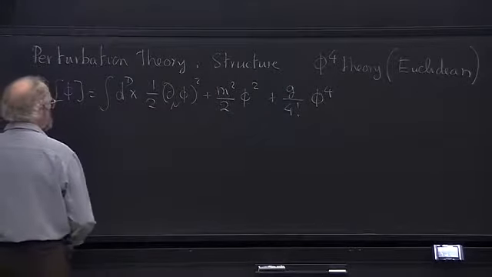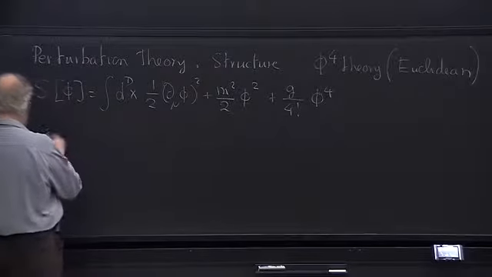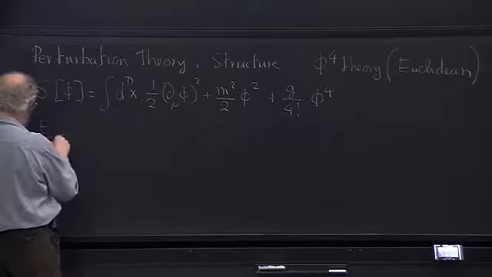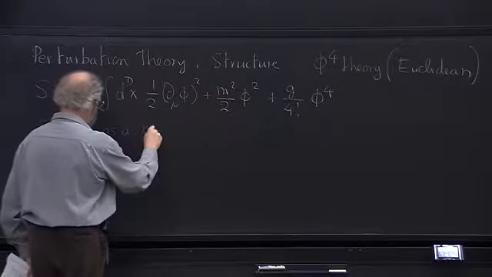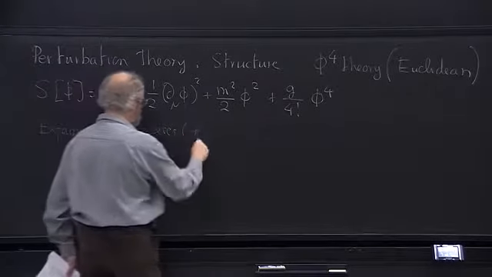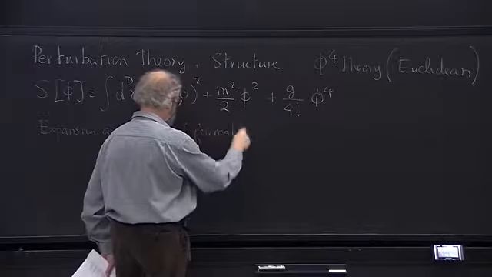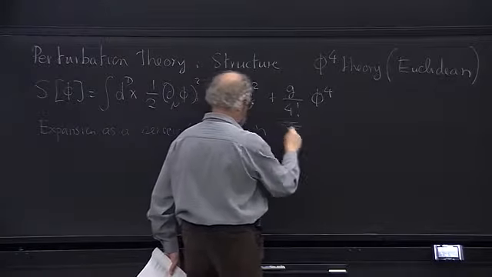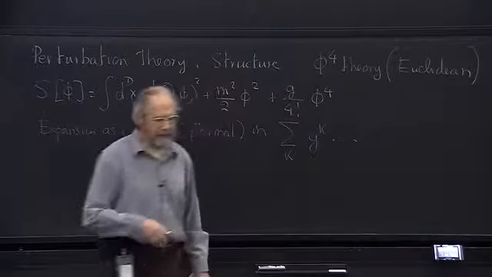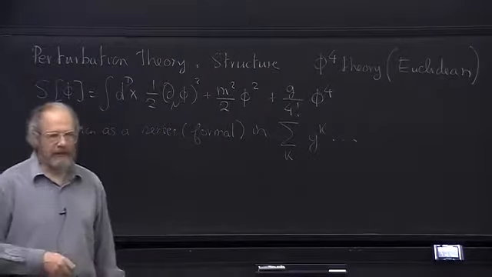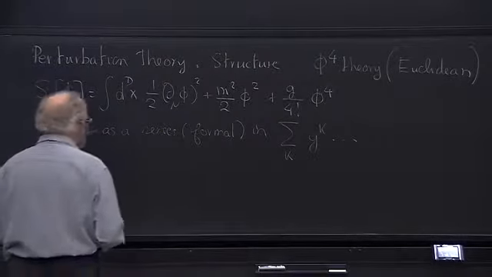And the idea is to make an expansion as a series, which is a formal series or asymptotic, a sum over k of g^k times the expectation value of operators we are considering.